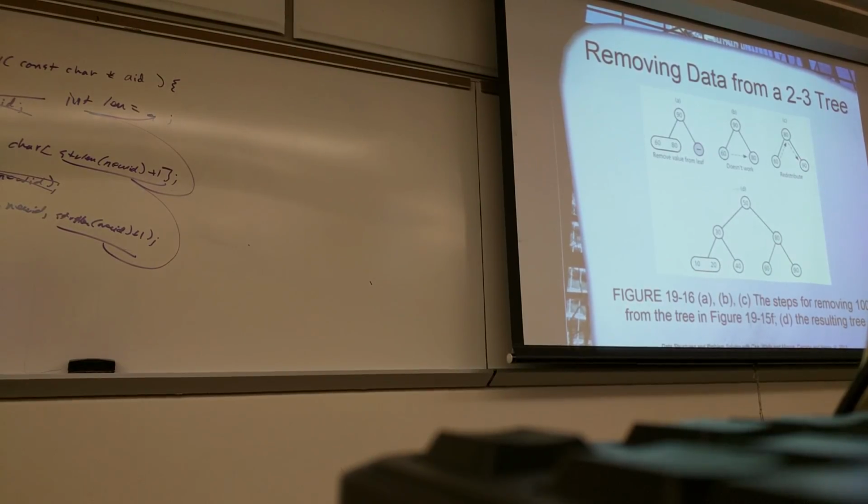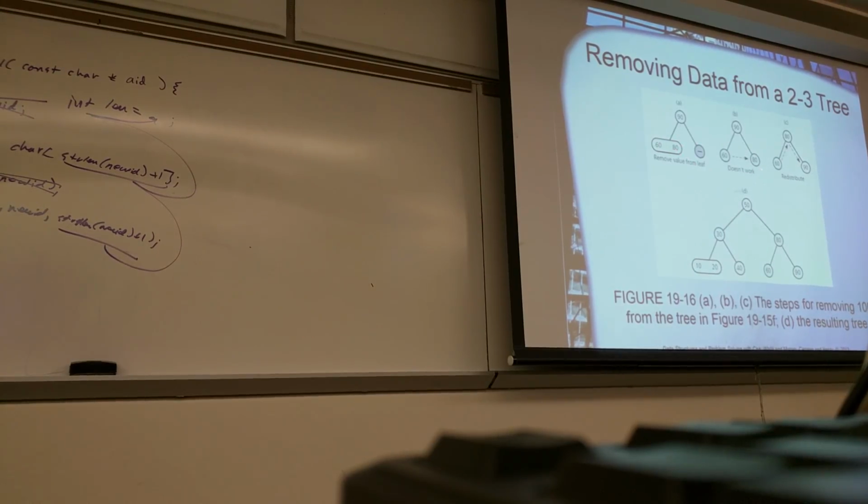So I need to somehow get this child over here. If I were just to move 80 over, that's not right, because 80 is not less than 90. So instead I have to redistribute or rotate. So I move 90 down to become a child, move 80 up, and so I maintain the order. So this is my resulting tree.